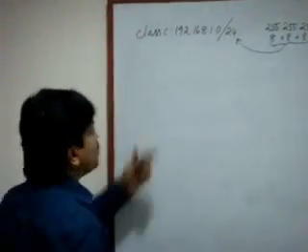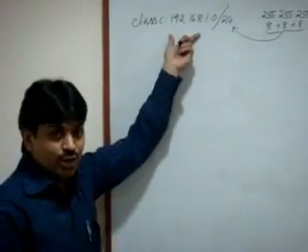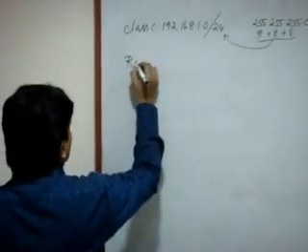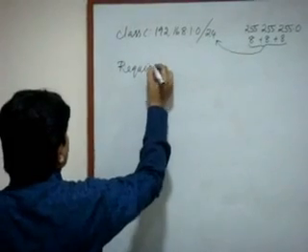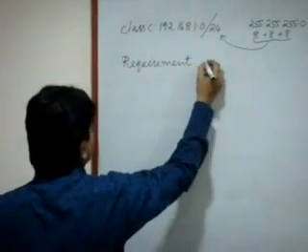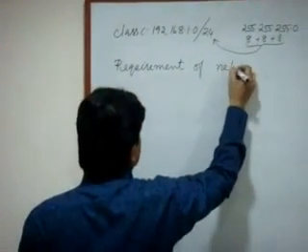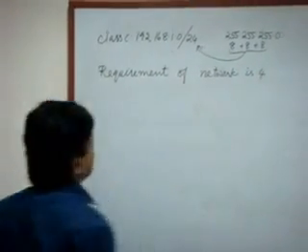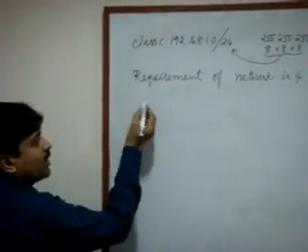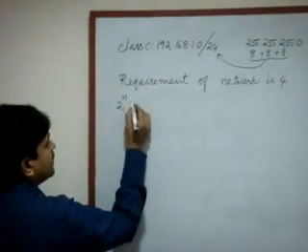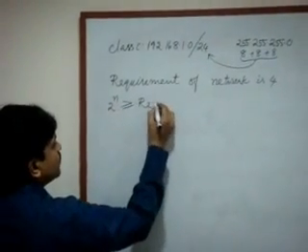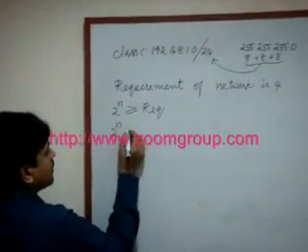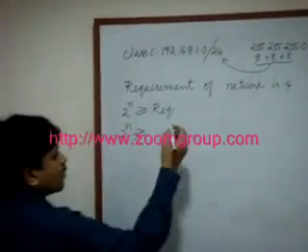Now I am dividing this network into 4 subnetworks, so the requirement of subnets is 4. The formula for calculating subnets is 2 power n greater than or equal to the requirement.